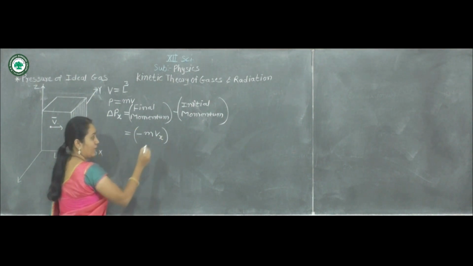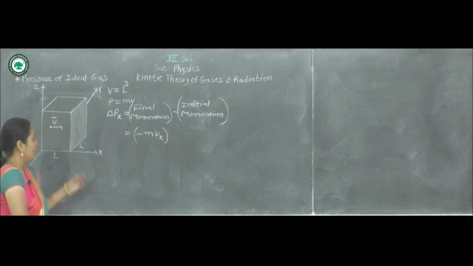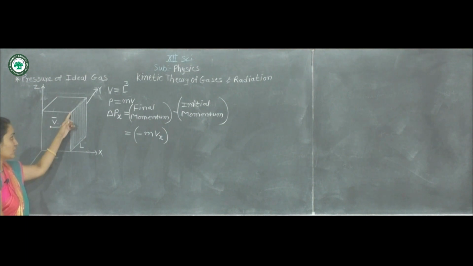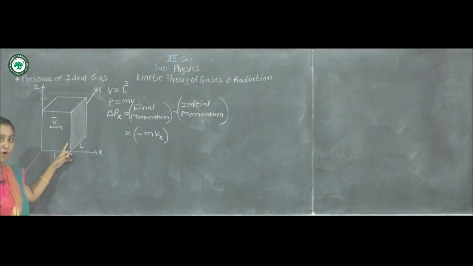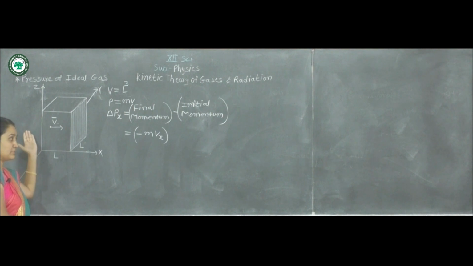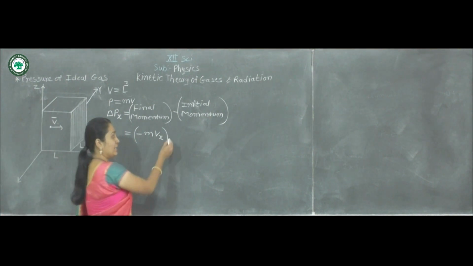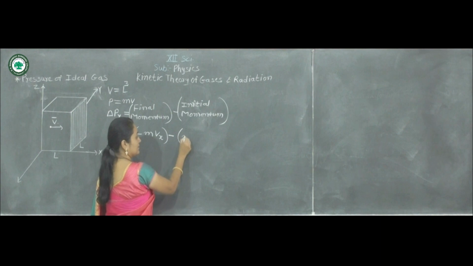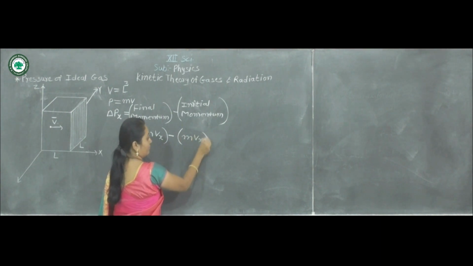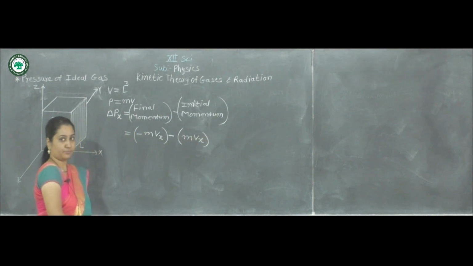Now the final momentum is minus mvx. The particle is colliding with this wall and bouncing back. So the final momentum is minus mvx and the initial momentum is mvx.